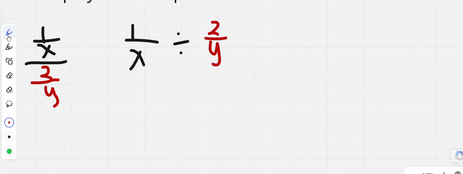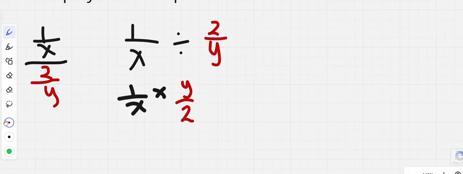Now, when we divide fractions, we are going to rewrite the first fraction. Then we multiply by the reciprocal, meaning the second fraction flipped.